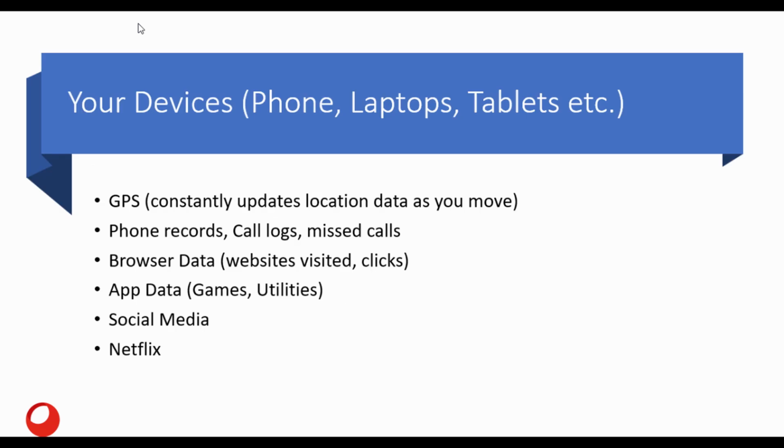Now, if you think about it, your phones, your smart devices, your smart watches, your laptops, and your tablets constantly transmit information from Wi-Fi devices through GSM or data companies. You always update your location when you turn on your data service. Also, for your phone, you could have call records and missed calls. You'd also have call track data.